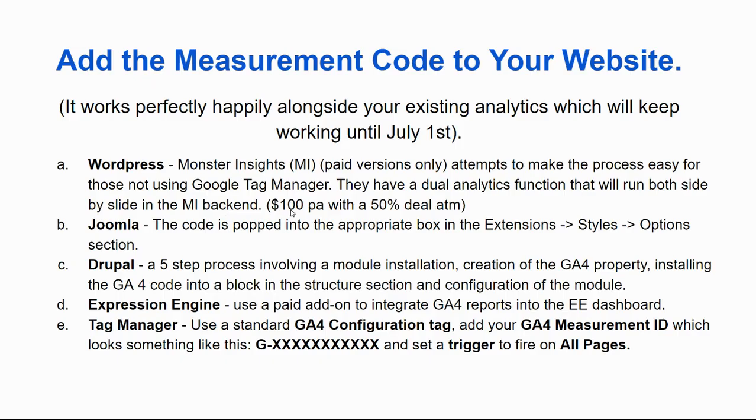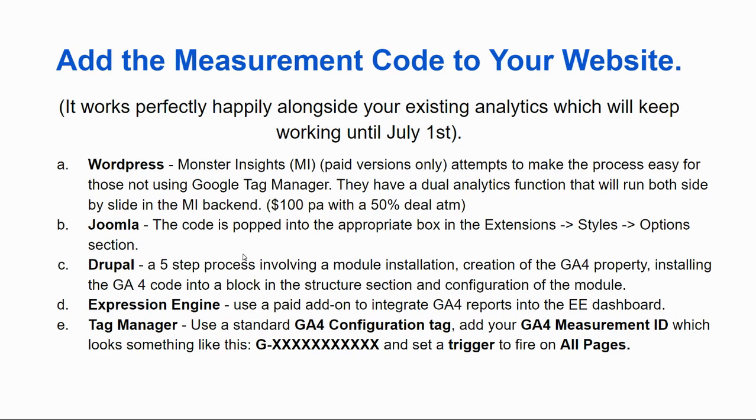Now that plugin's about $100 a year, but they're currently doing a 50% deal, so it might be worth jumping in on that if you want a simple solution. You've only got to provide the GA4 measurement ID to Monster Insights, so it's a fairly straightforward switch.